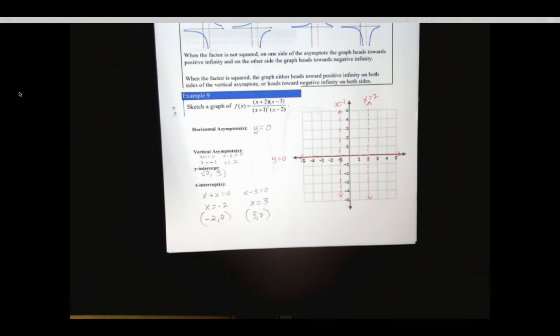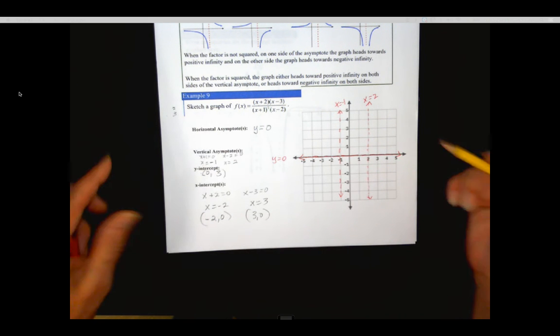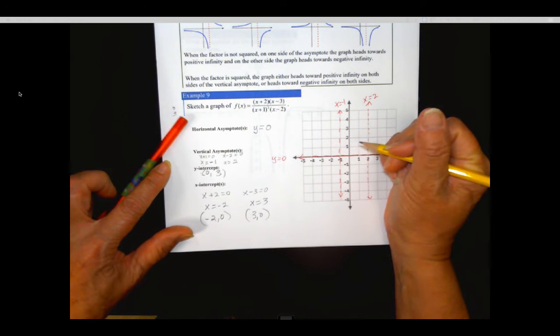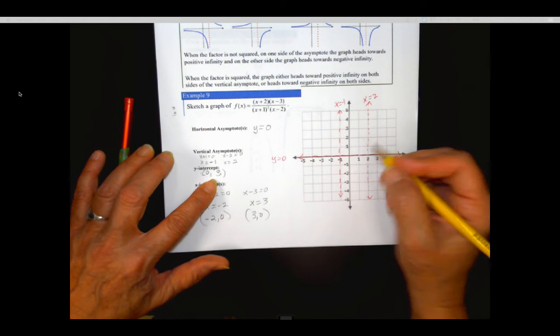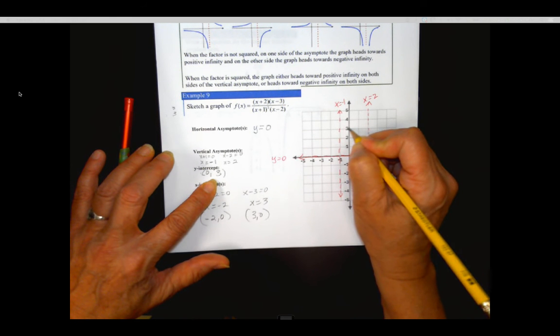Okay, so now that I have all these points, I'm going to take my graph and plug the values in. I'm just going to sketch it. So I'm just drawing in the different points and then going from there. So we already put in our asymptotes. We have a y-intercept at 3.